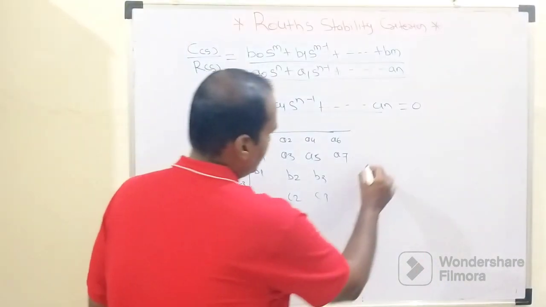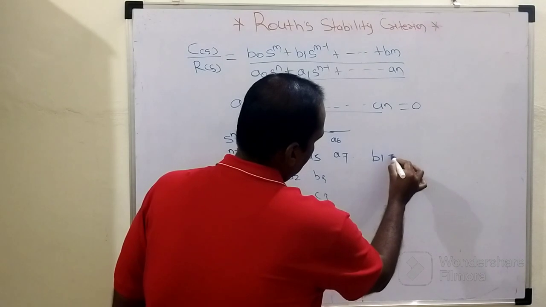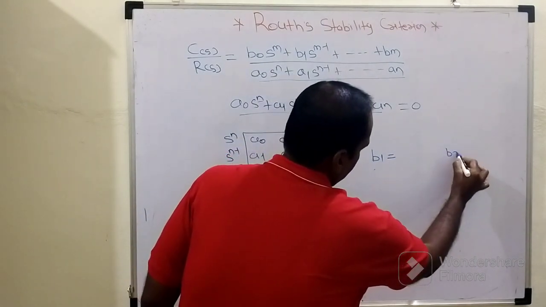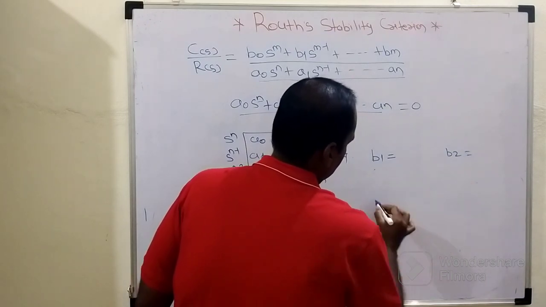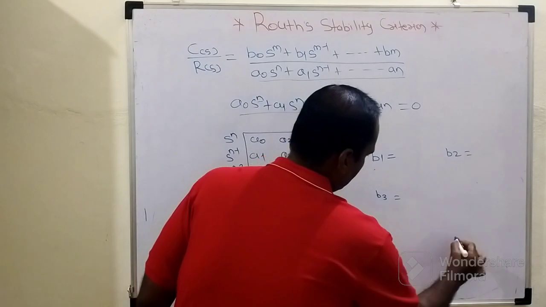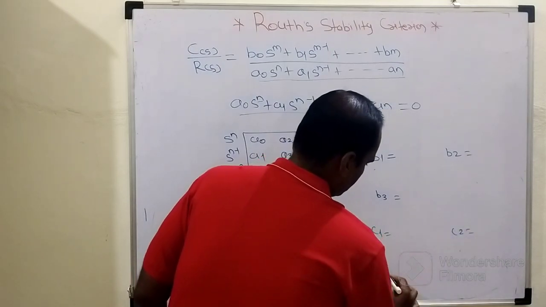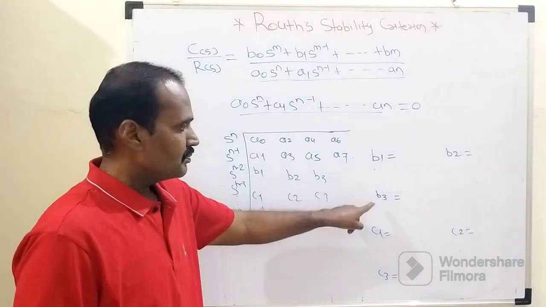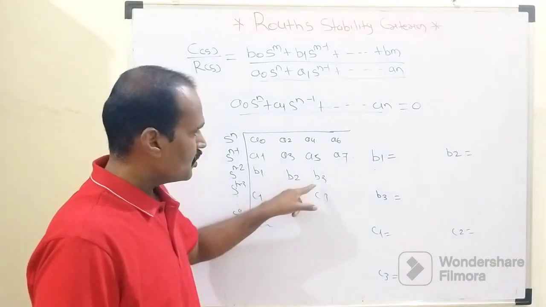So here I will write, this will be B1, this will be B2, and here I will write this B3. Similarly C1, C2 and C3, right? So these B1, B2, B3 elements belong to row number 3.